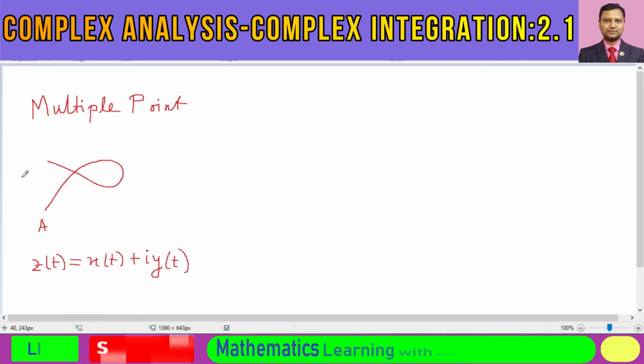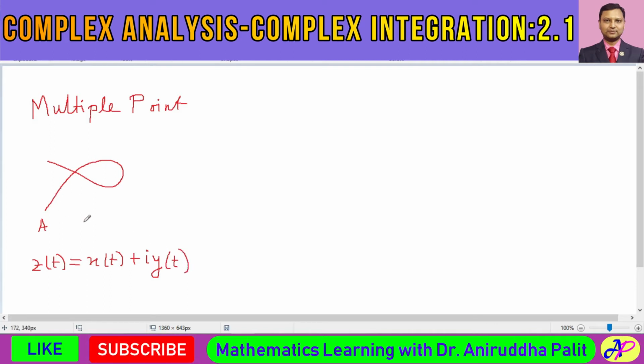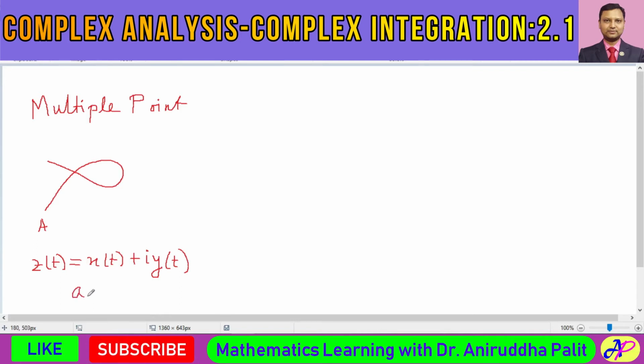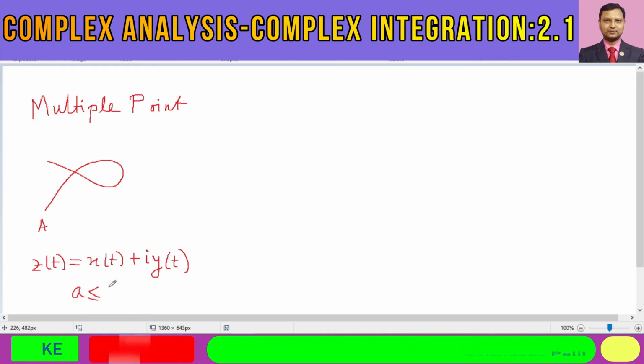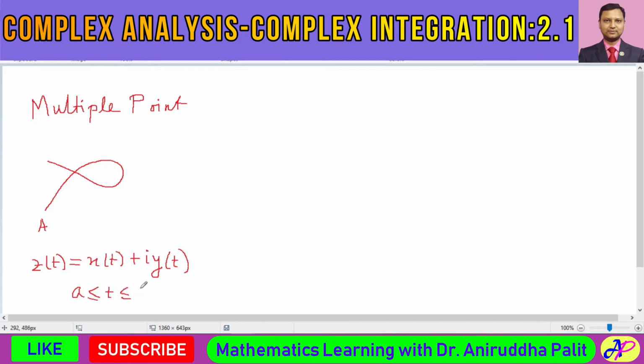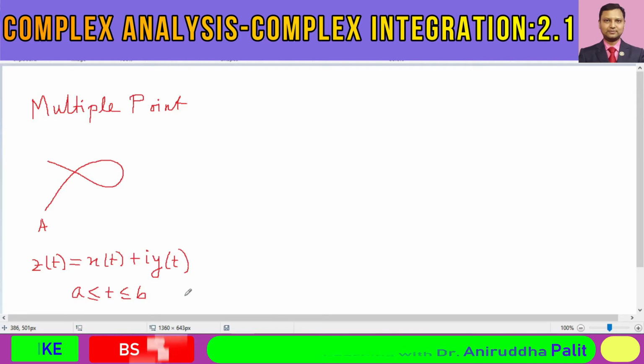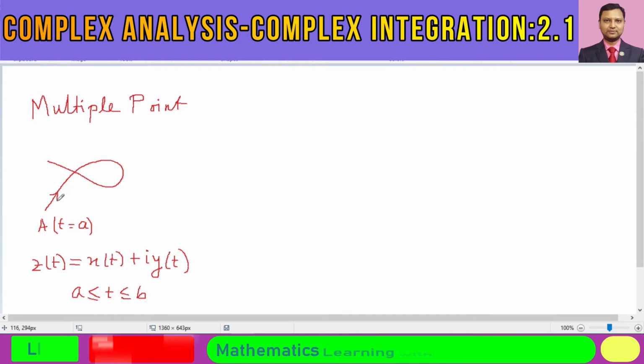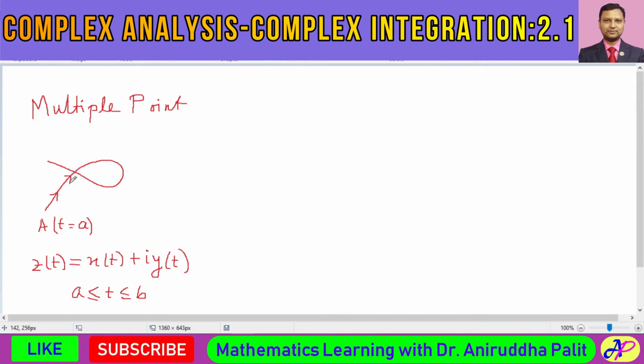Now suppose the parameter t increases from a to the point small b. So the parameter t is increasing from the point A, and suppose at the point capital A, t is equal to small a. As t increases, the arbitrary point is moving along this direction.